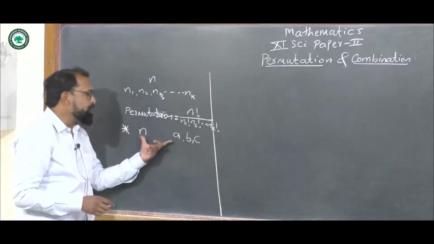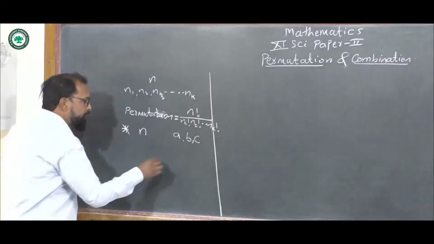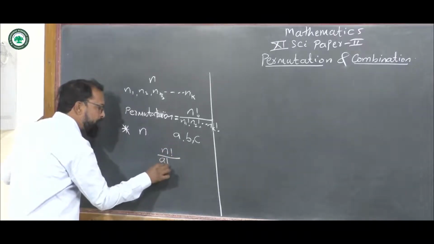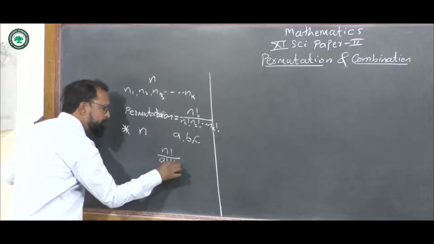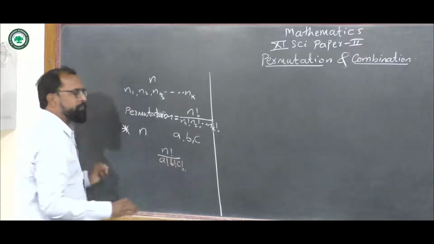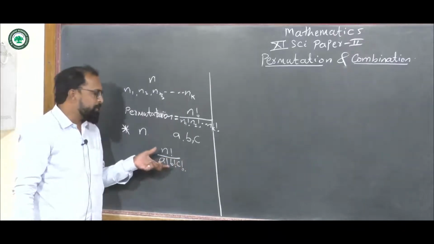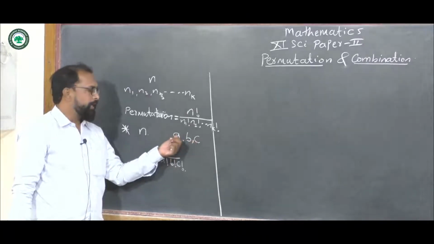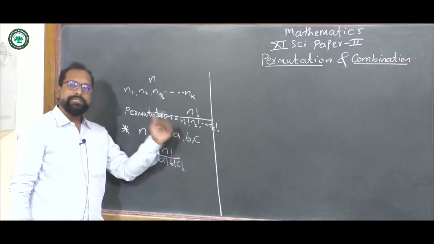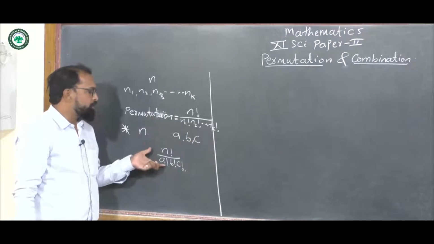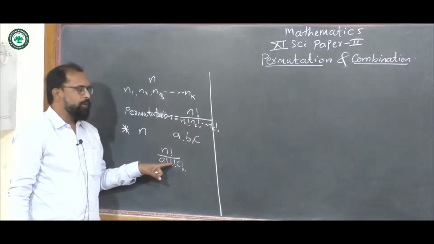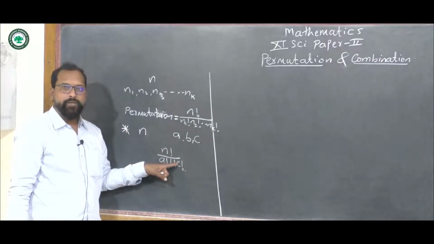Then the arrangement of all these objects is given by n factorial upon A factorial into B factorial into C factorial. This is the particular case in which three objects are repeated A times, B times and C times. The total number of arrangements is n factorial upon A factorial into B factorial into C factorial.